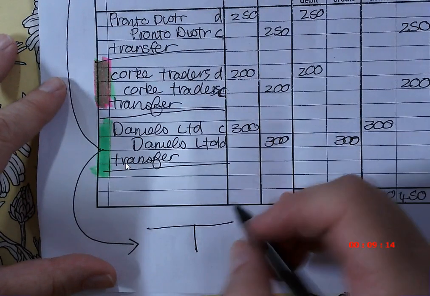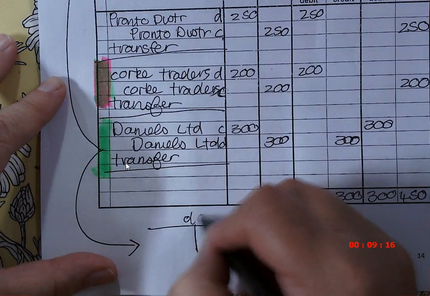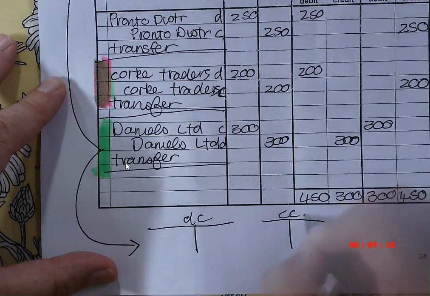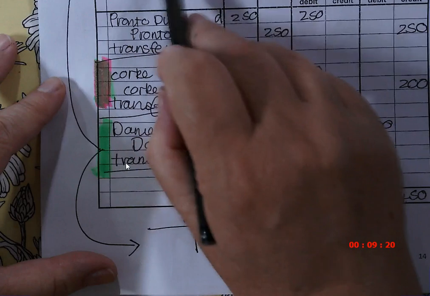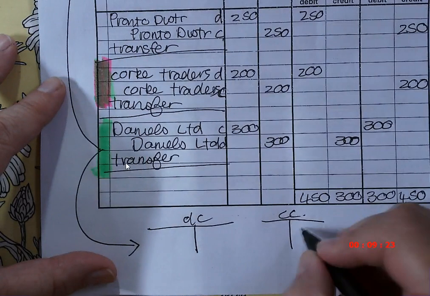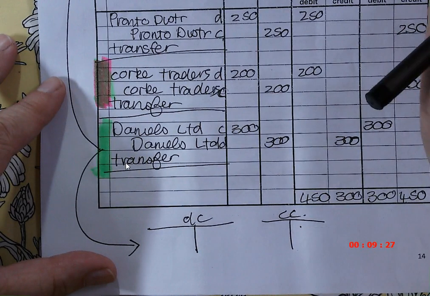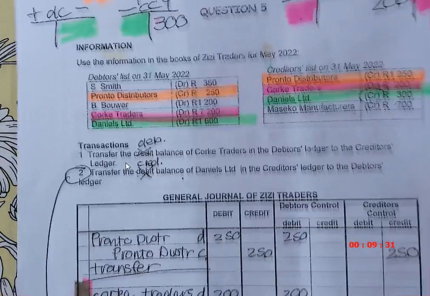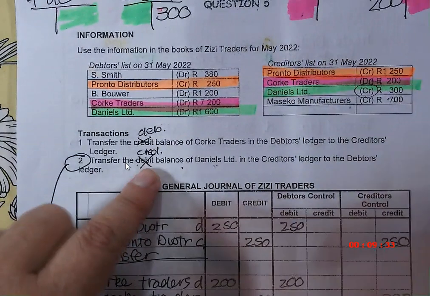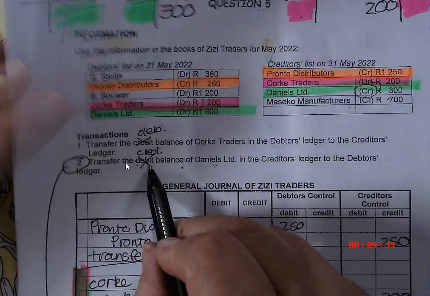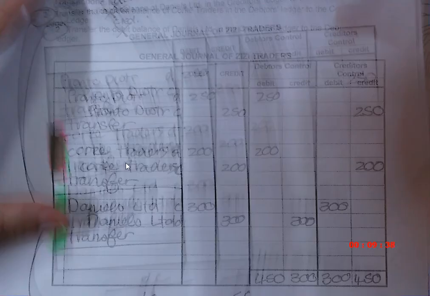They say debtor and creditor, and now they say transfer the credit balance of Daniels. So they say that, but it is right. Why are you confused? Because they said the debit balance. Okay, so they say it's the debit balance.